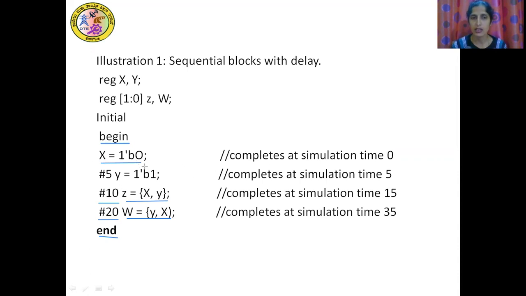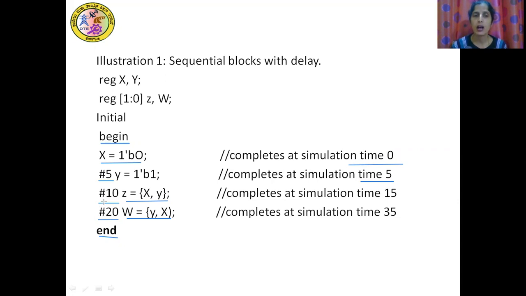Since the first statement is not associated with any delay, it completes its simulation at time 0. Coming to the second statement, since it is associated with a delay of 5 time units, this statement will complete its execution at 5 time units. Similarly, the next statement.